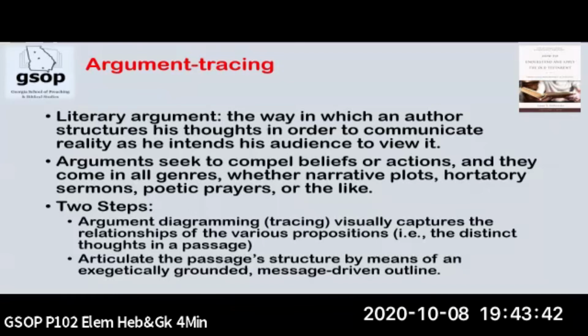So when you're talking about argument tracing, you're talking about two steps. First is to diagram the tracing: visually capture the relationship of the propositions, the distinct thoughts in the passage. And second is to articulate the passage structure by means of an exegetically grounded, message-driven outline.